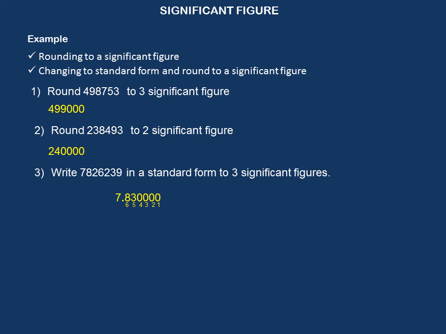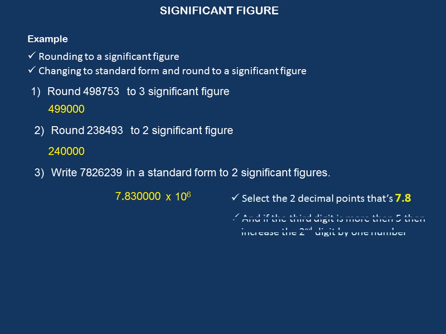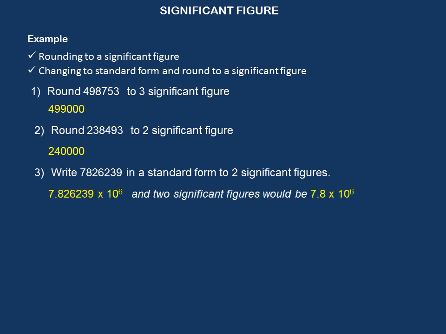So all 6 steps is going to add 10 to the power 6, as in our previous example. So it's going to be 7.830000 times 10 to the power 6. Now we're going to get zeros, and we require just 2 significant figures, therefore we're going to keep 7.8 only times 10 to the power 6.